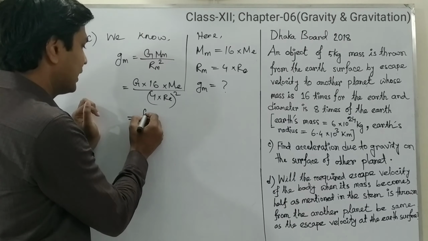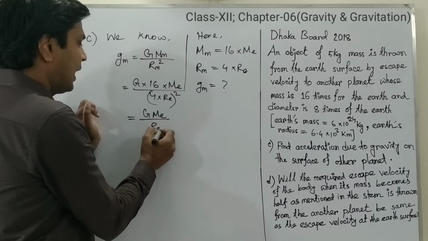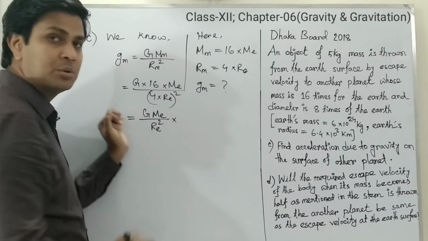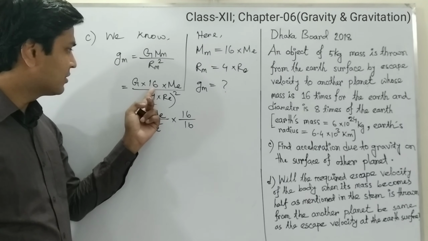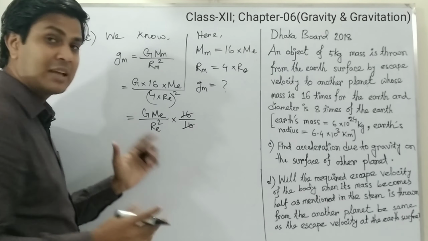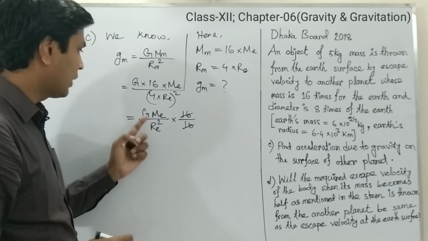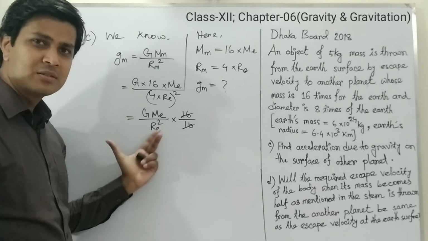So we can write G Me divided by Re square into 16 by 16, because 4 square means 16, and 16 cancels out.